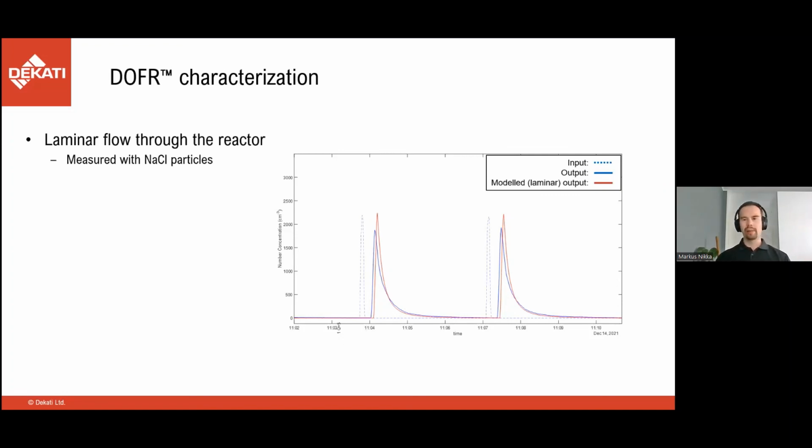If the situation were non-laminar, there would be a wider distribution coming out, with some random peaks, for example, but now the shape is very smooth.